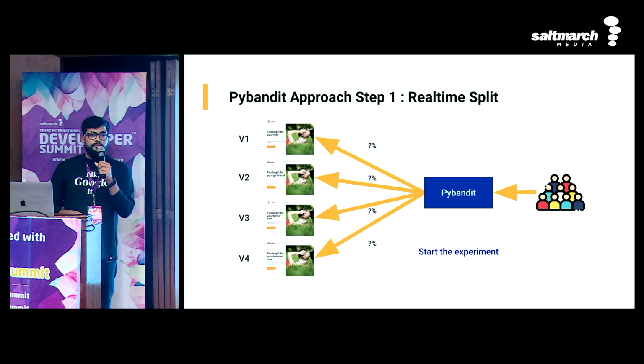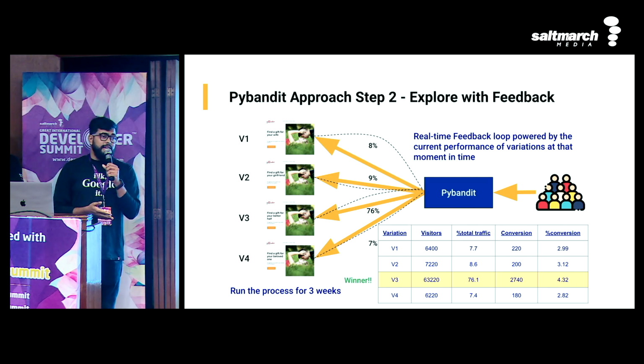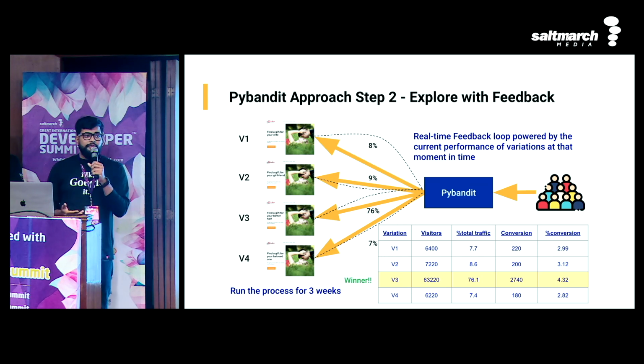Here you get to explore all the variations, as well as exploit them. And as a result, after running the process for 3 weeks, you see that whichever version is superior, in this case the third version, enjoys higher traffic than the existing approach, and the higher the traffic, the higher the conversion rate, as simple as that.